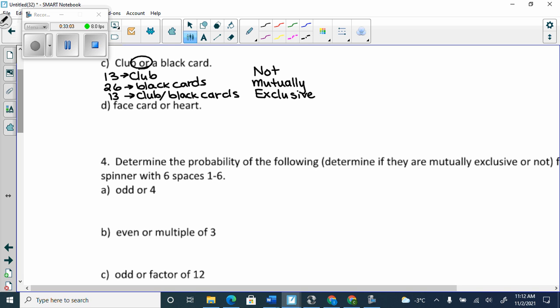So what do I do? I add the probabilities. So I go 13 out of 52 for clubs. And then I go 26 out of 52 for black. And because they're not mutually exclusive, I have to subtract off the overlap, which happens to be 13 out of 52. So I get 26 out of 52, or a half, or 0.5.